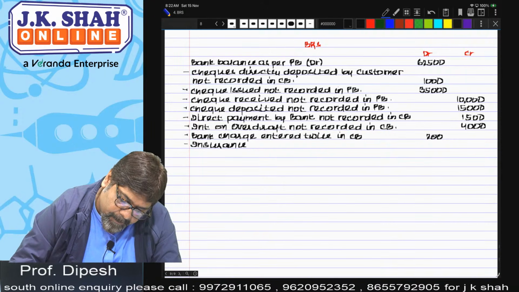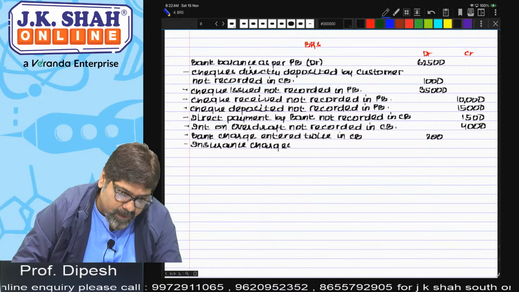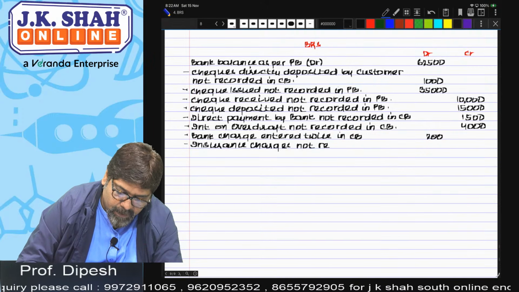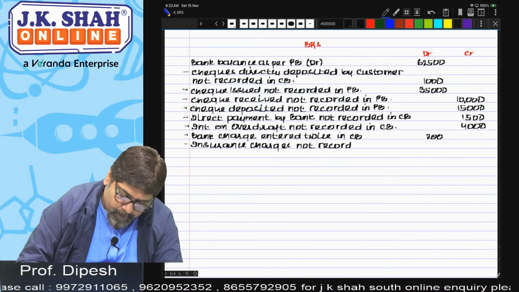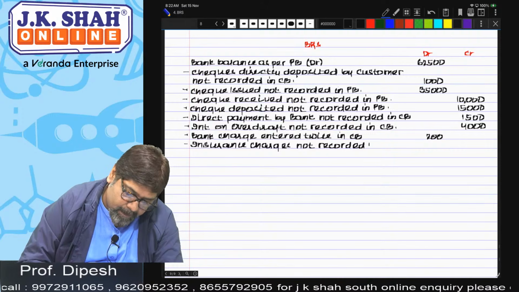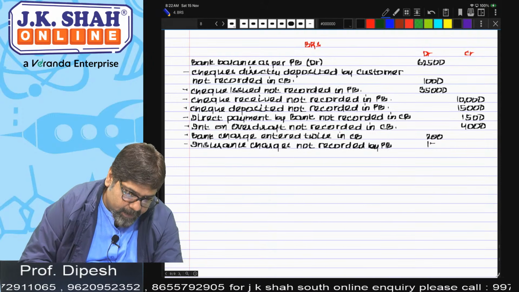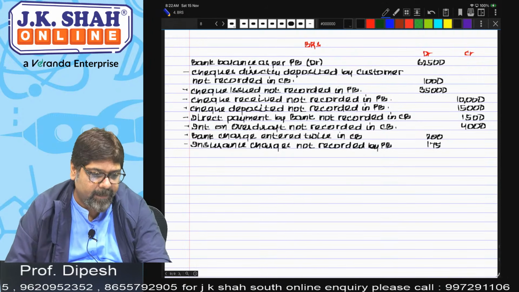Insurance charges not recorded by passbook. So in the passbook, the expense goes on the debit side, 175.